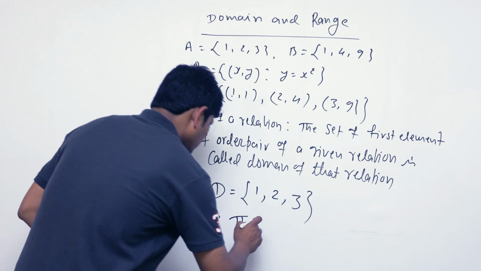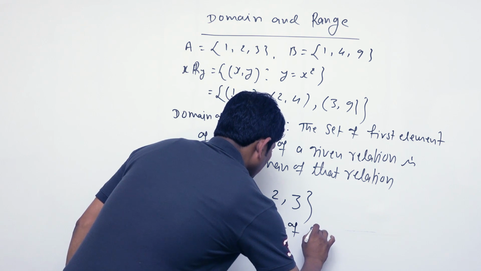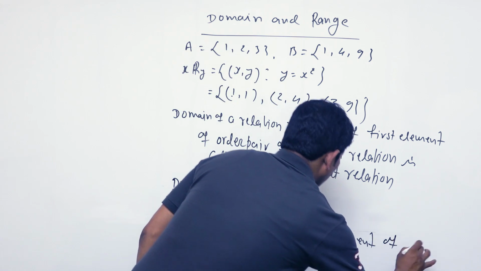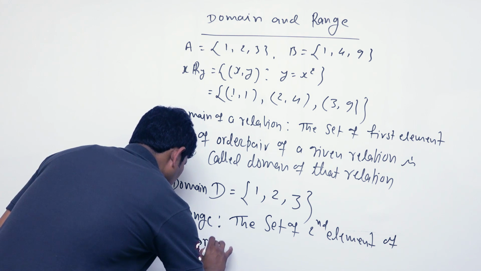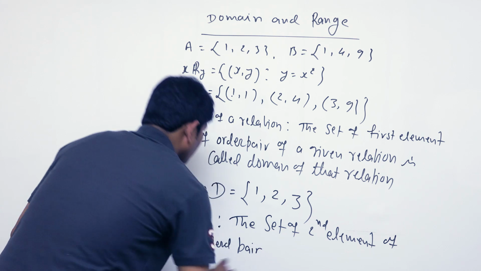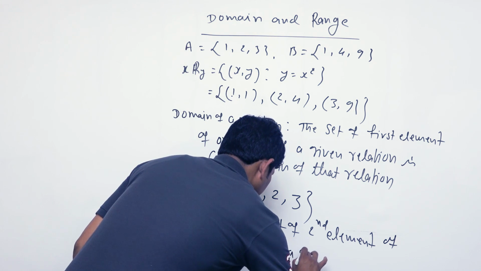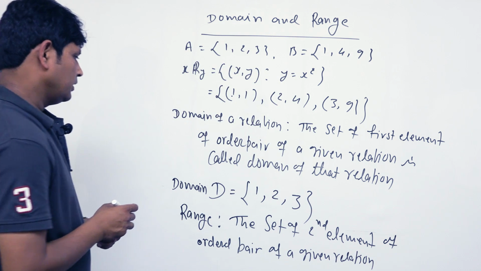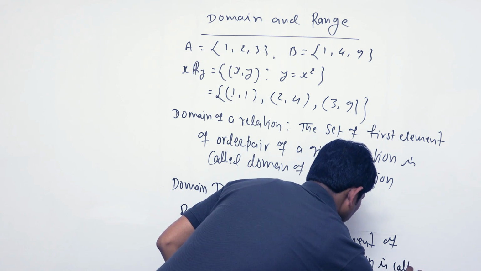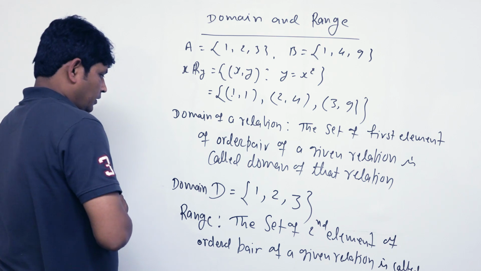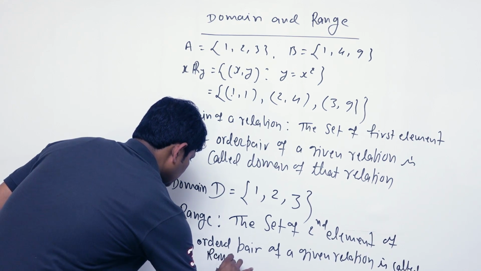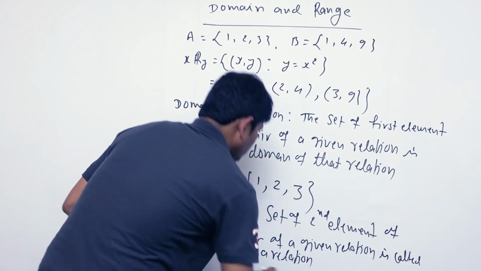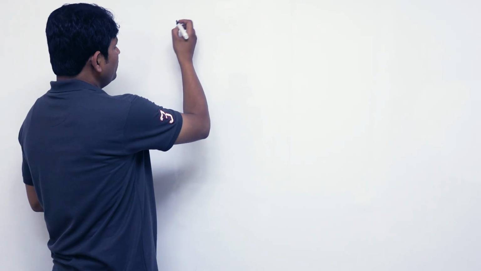The set of second elements of ordered pairs of a given relation is called the range of a relation. So now how can you write the range?